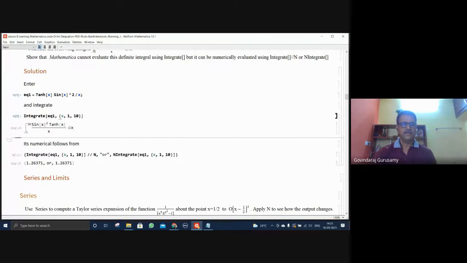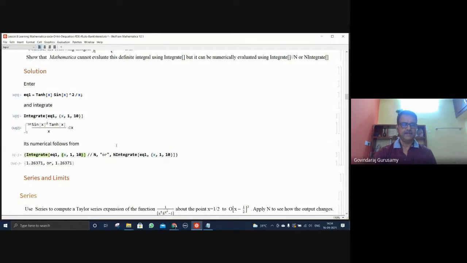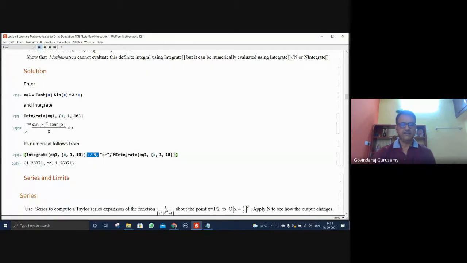You are getting back this expression. It's indicating the integral from 1 to 10 of sin square x tan x divided by x dx. The same thing, it has given back without integrating. This is available in the form of a numerical method. You can ask for /N, which gives the numerical value, or you can ask for NIntegrate.